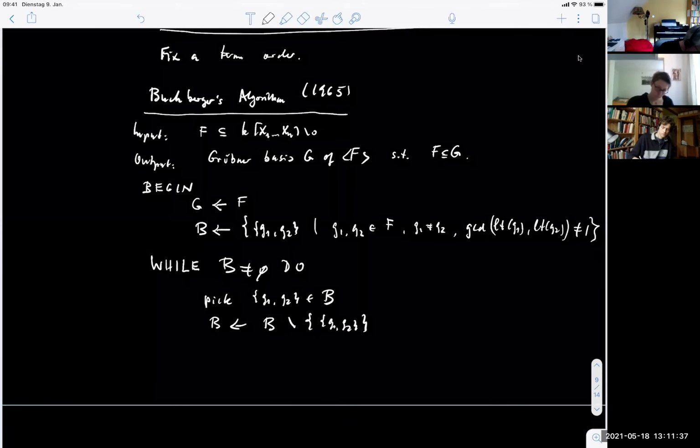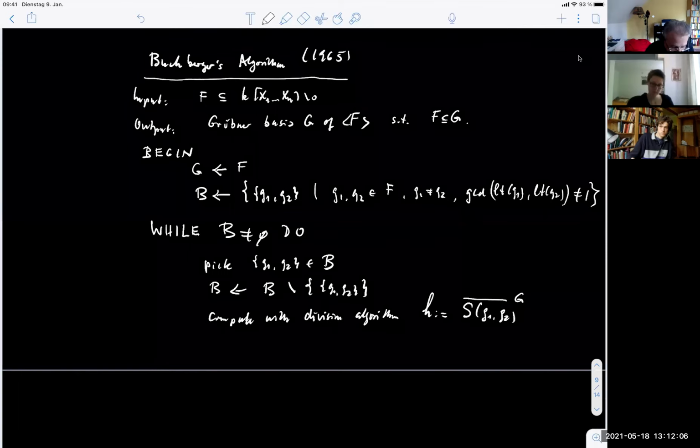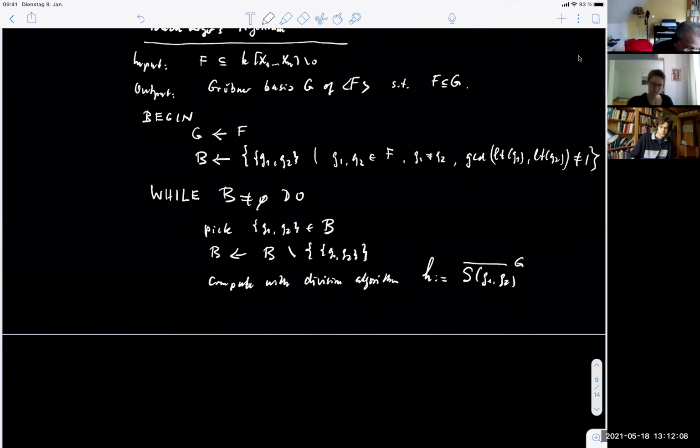Now, with the division algorithm, compute the normal form H, so I denoted it this way. The G is now assumed to be an ordered list, so this makes sense.